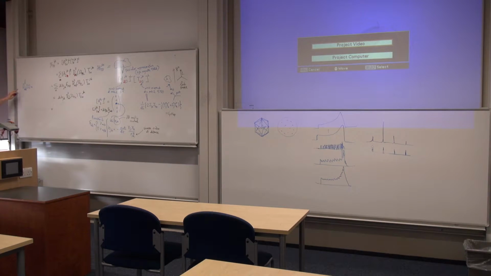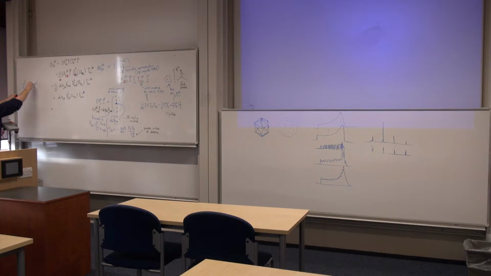A particular element, the rank L element m prime m, row m prime, column m, of the rank L Wigner matrix is e to the minus i m prime alpha, and then this reduced Wigner matrix of beta, and then e to the minus i m gamma.